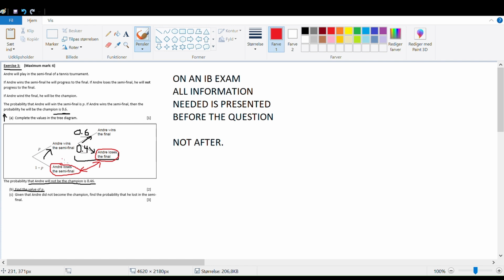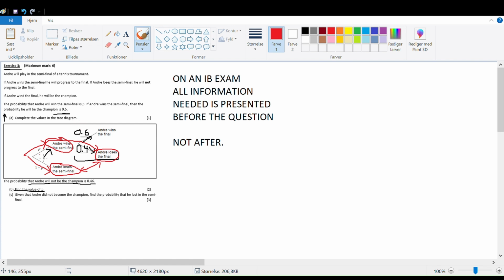Well, you might think it's 1 minus P and then plus 0.46, but that's not totally right. We have to remember that in order for him to end up on this particular line, he has to go through 2 markers. He has to have been through this, and then also he has to go here. Down here, he only has to go through 1 marker. So 2 markers versus 1 marker. How do we calculate that?